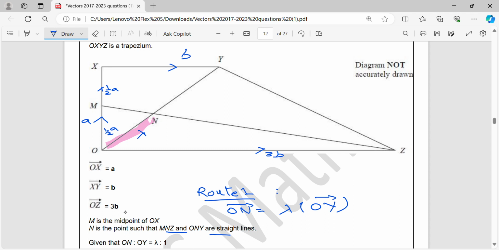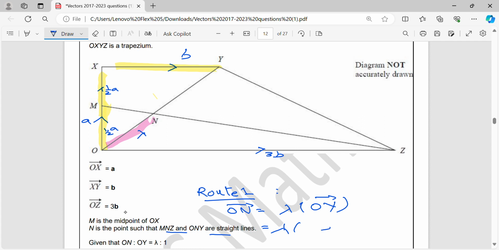What is OY? Let's find out OY. OY is basically O to X and X to Y. So O to X is a, OY is basically OX plus XY.